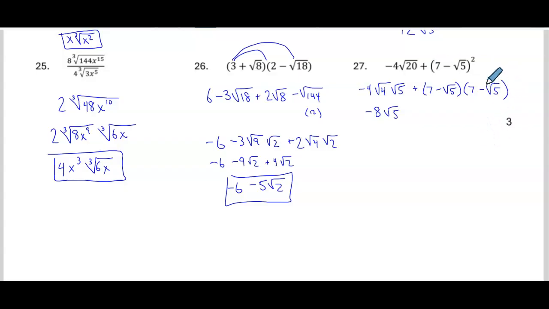So that's going to involve some multiplication. 7 times 7. 7 times root 5 and another one, so minus 14 root 5. And anytime we multiply a root by itself, we just get that number, so plus 5. We have a 5 and a 49, so we can write that as 54. We have a minus 8 and a minus 14 with the same root, so minus 22 root 5. And that's page 3.